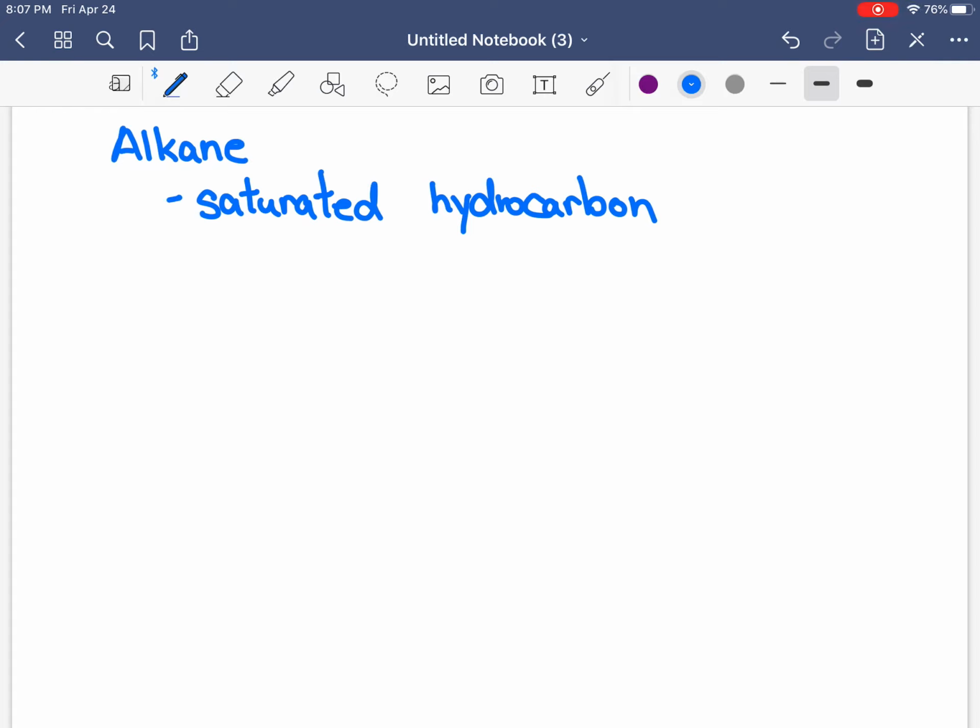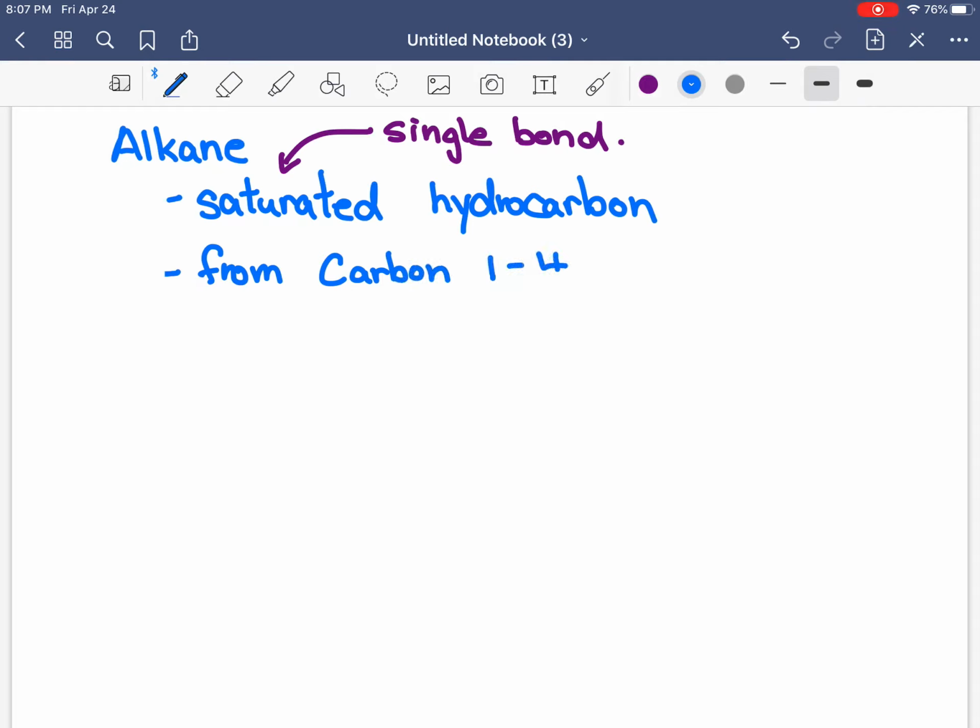Saturation actually means, in organic, single bond. Okay? Single bond. Now, from carbon 1 to 4, now we'll see what that means, the state is a gas. Okay?